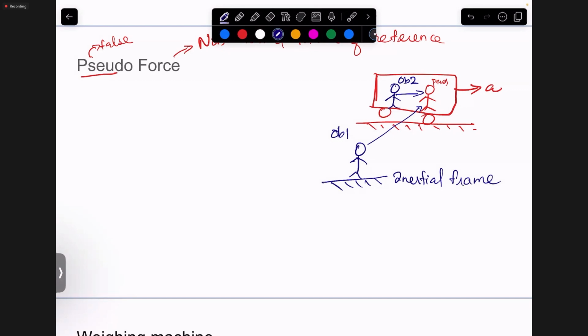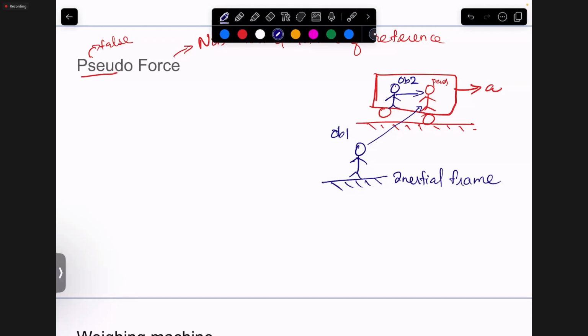Let me correct one misconception. If the platform is moving with constant velocity, then also we consider that as an inertial frame. Only when a platform accelerates will we call it a non-inertial frame.